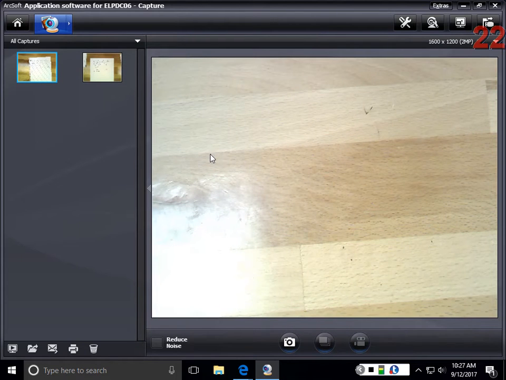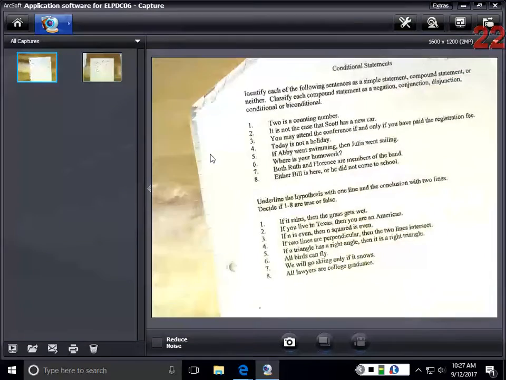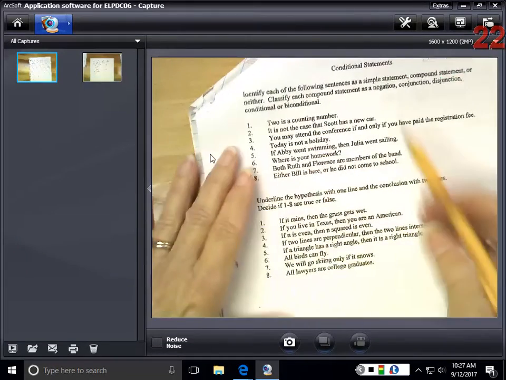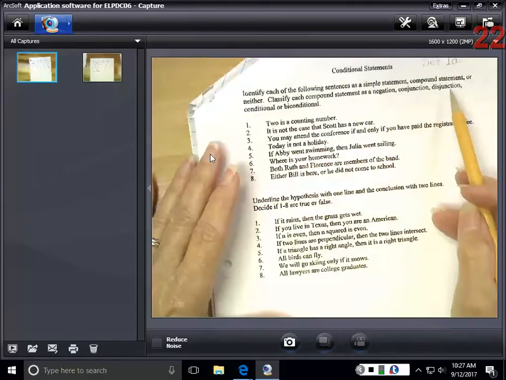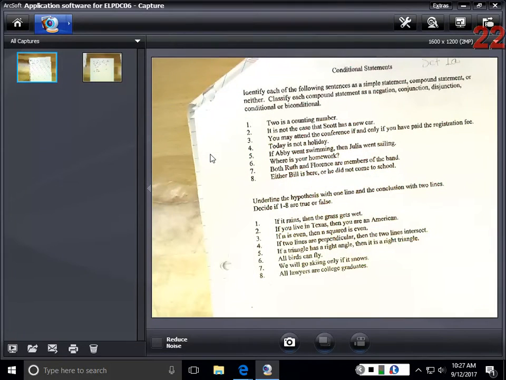That's the first thing you got to do. Then second, classify it as a negation, conjunction, disjunction, conditional, or biconditional. So have that chart on 101 handy so that you will be able to do this.